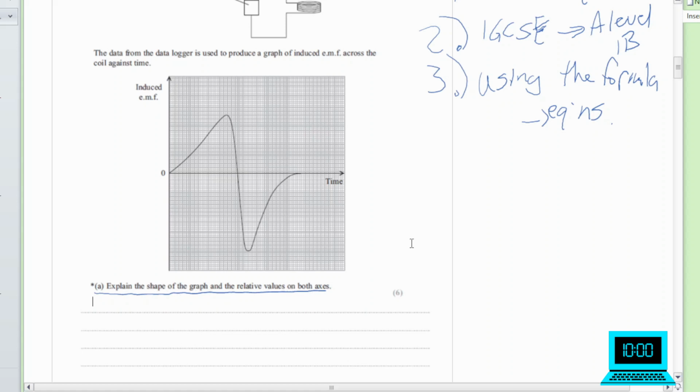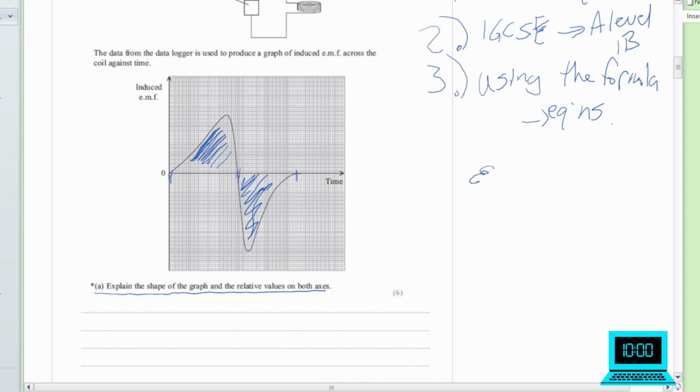Okay, so you will have covered this in class. You should know a few things. You should notice that the time here is a little shorter for the second dip. Now, you know that these areas should be the same. These areas represent something. Okay, induced EMF. Let's just see. If I go back to my note 3.